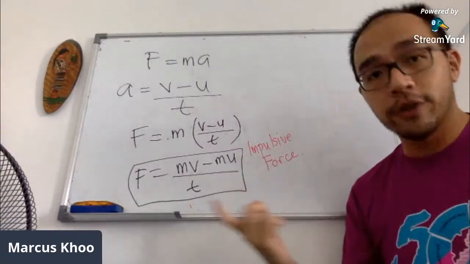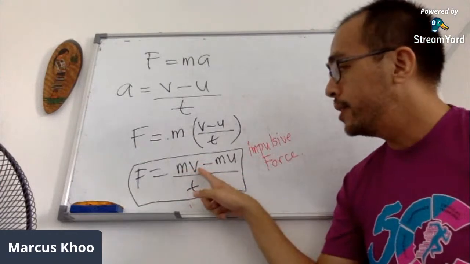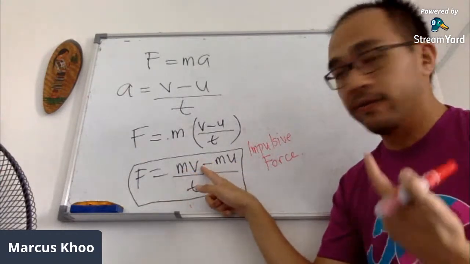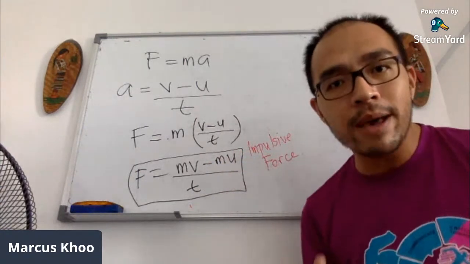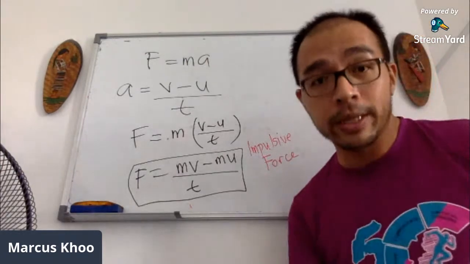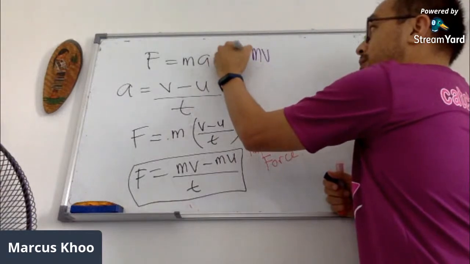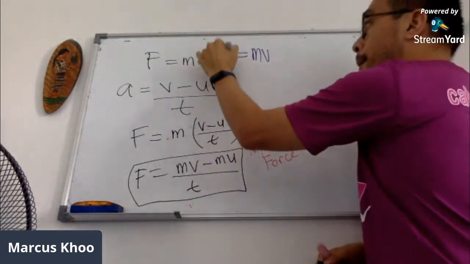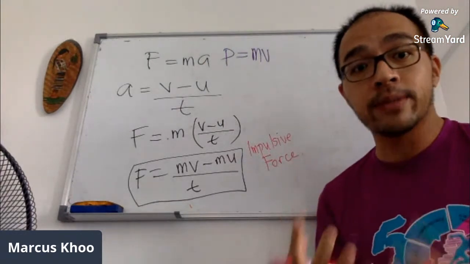The definition for this, this is what I want you to notice. If you notice, mv and mu, mass times velocity minus mass times velocity. Where have we seen this mass times velocity before? We did it two subtopics ago. Mass times velocity actually equals momentum. Momentum is mass times velocity.